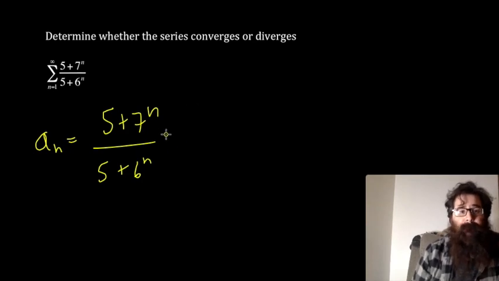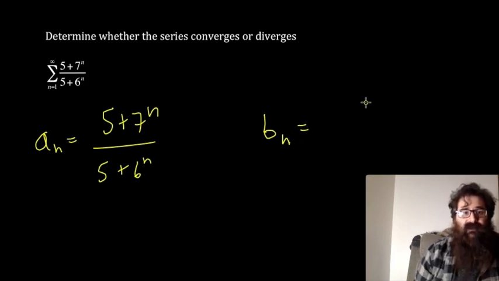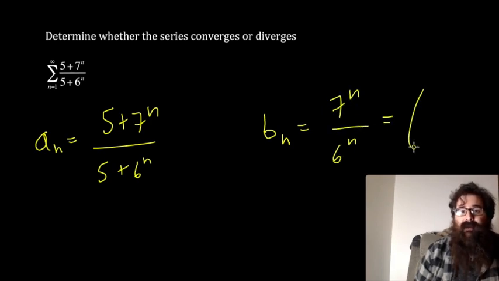What I want to do is I want to compare this against another series b sub n. How should the generating term for b sub n look? I'm going to ditch the 5s, and I'm just going to look at 7 to the n over 6 to the n. Which, if I want to collect it, I could say 7 over 6 all to the n, but I'm going to use this version of it.